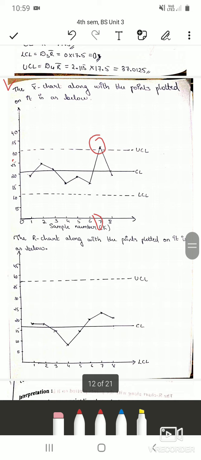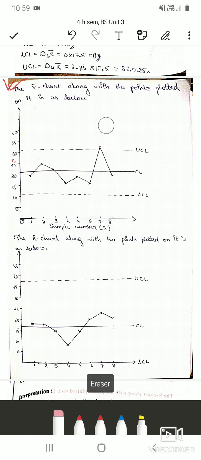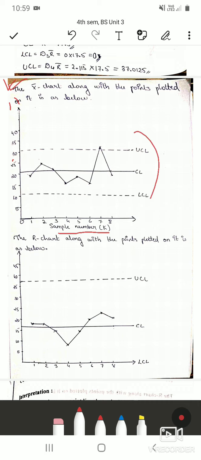Now we will plot the x bar chart. So I hope the x bar chart is clear. The first step is, on the x axis you have to mark the sample number, and take the y axis and mark the scale accordingly, which involves all the values of the central value, lower limit and upper limit, and then mark all these 3 limits.